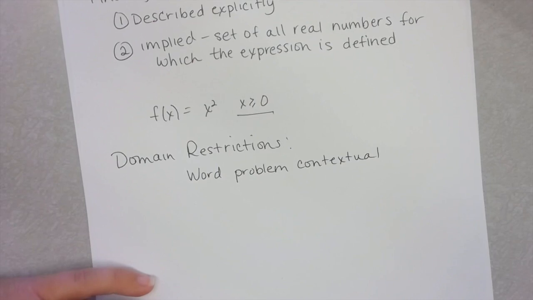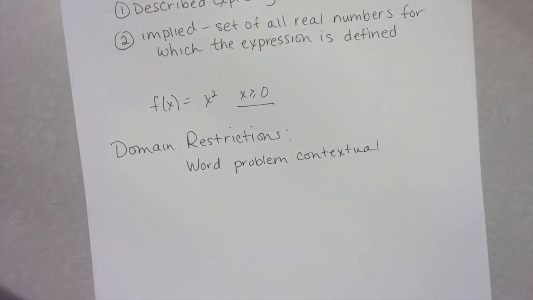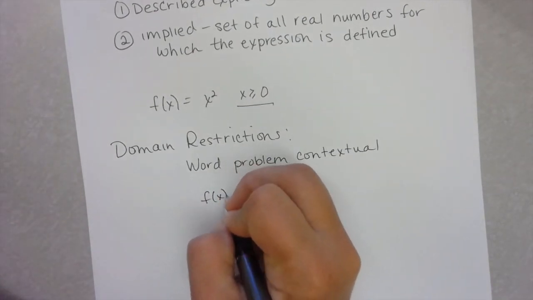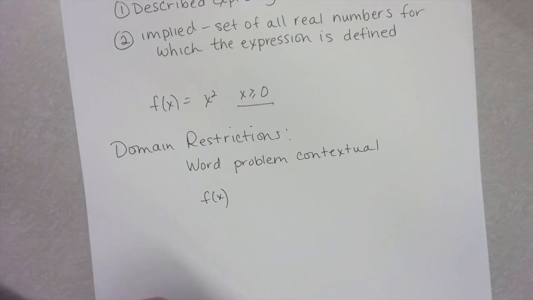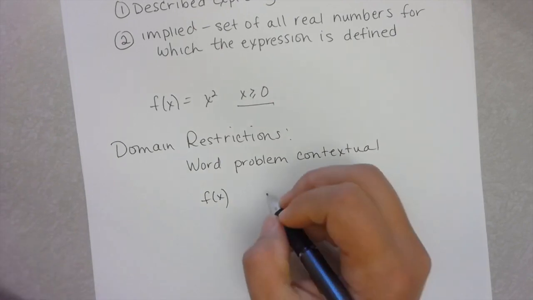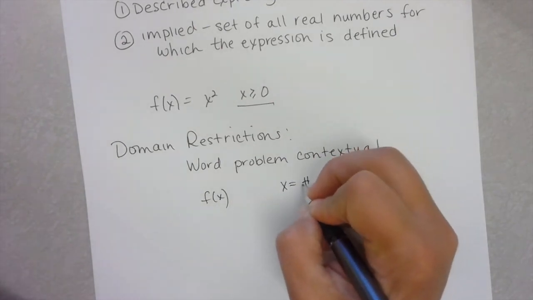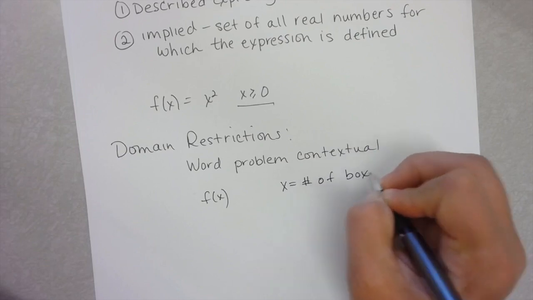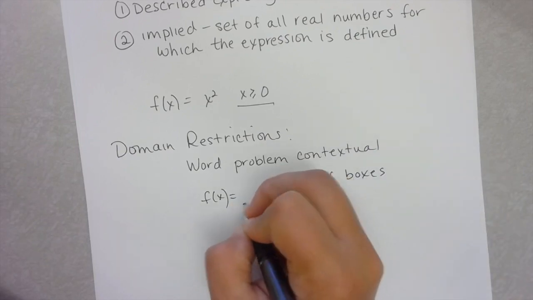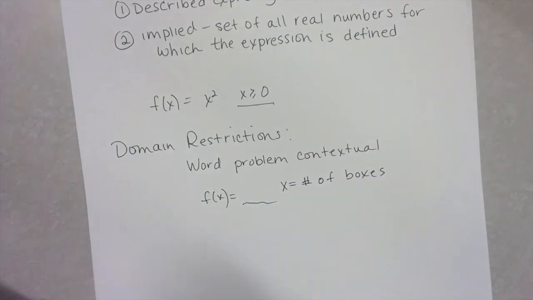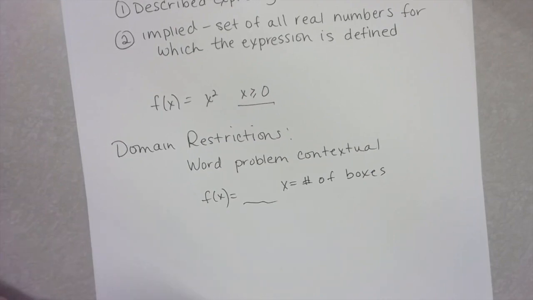So let's say that my function, f of x, was describing some process where it was trying to predict the cost of producing a certain number of boxes, where x was the number of boxes. So we have some function here, and it's stated somewhere in the words that x is the number of boxes that are produced.